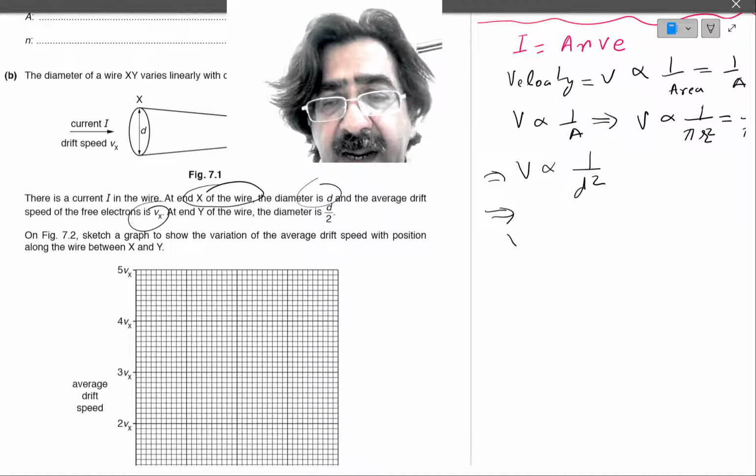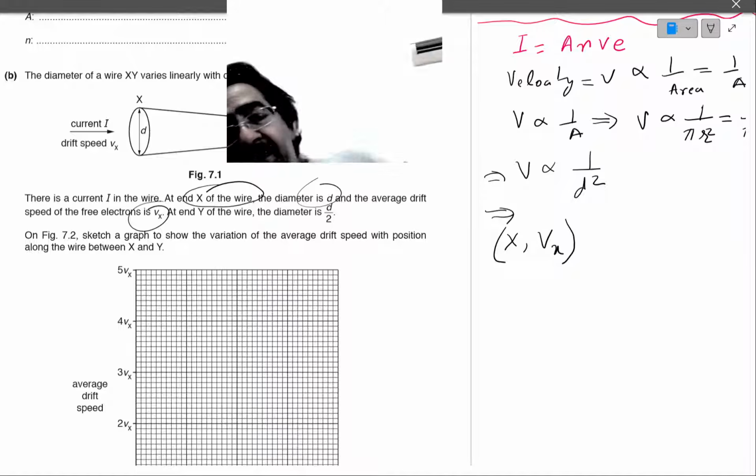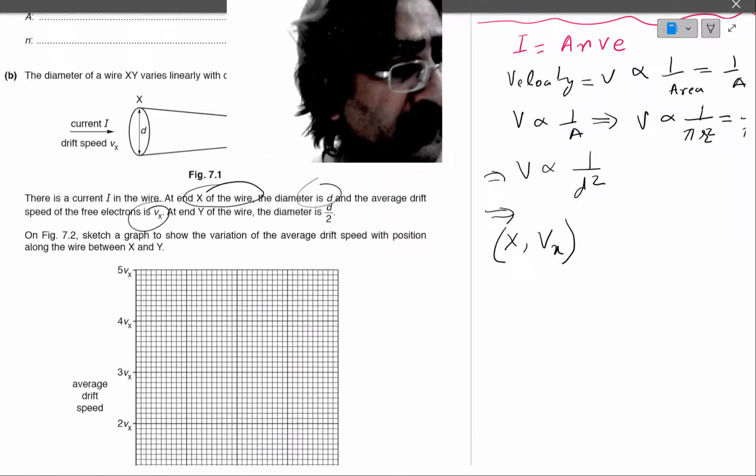So at x, the speed is Vx, and the diameter is D.